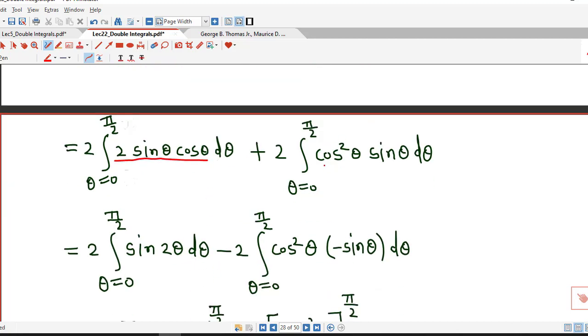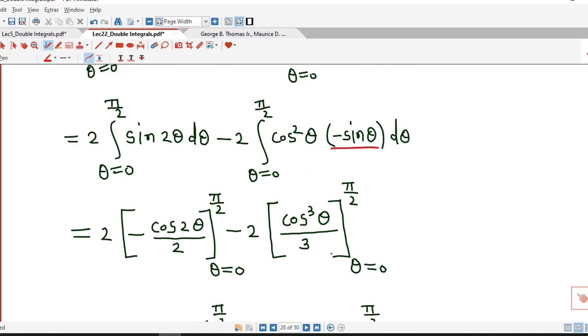And here we observe that derivative of cos theta is minus sin theta, so we adjust here by multiplying with minus 1. So here we write minus 1 and here we write minus 1. So minus 1 into minus 1 will be plus. So we adjust derivative of cos theta in the product so that we can use the standard formula.